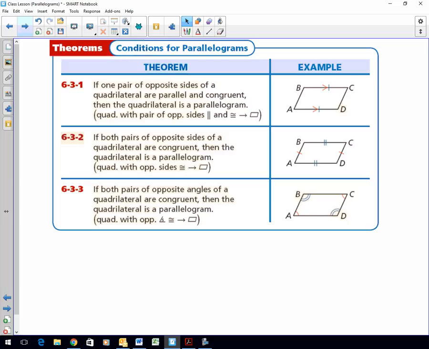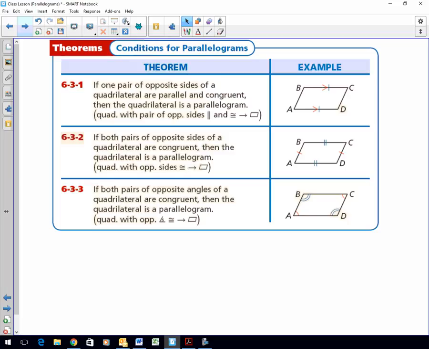If both pairs of opposite sides are congruent, then I've got a parallelogram. So, if one pair is parallel and congruent, I'm good. Or if both pairs of sides are congruent, I've got a parallelogram.